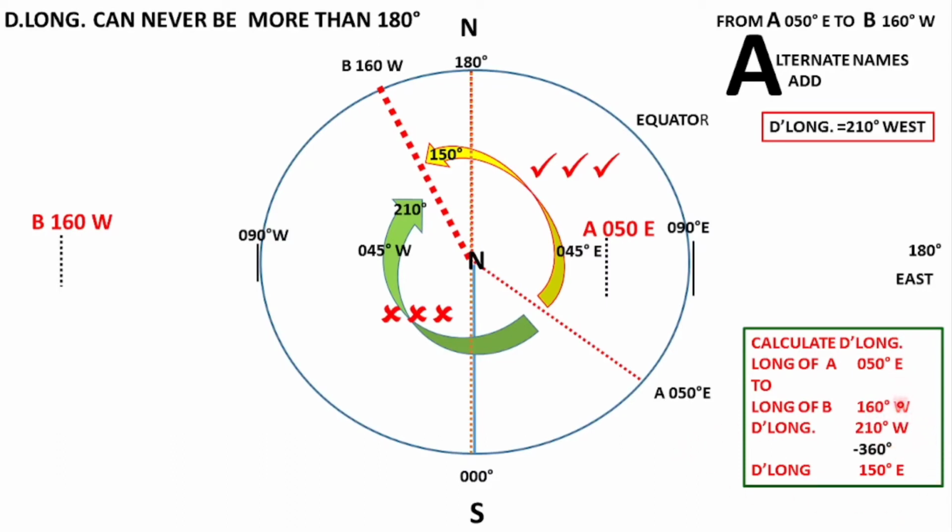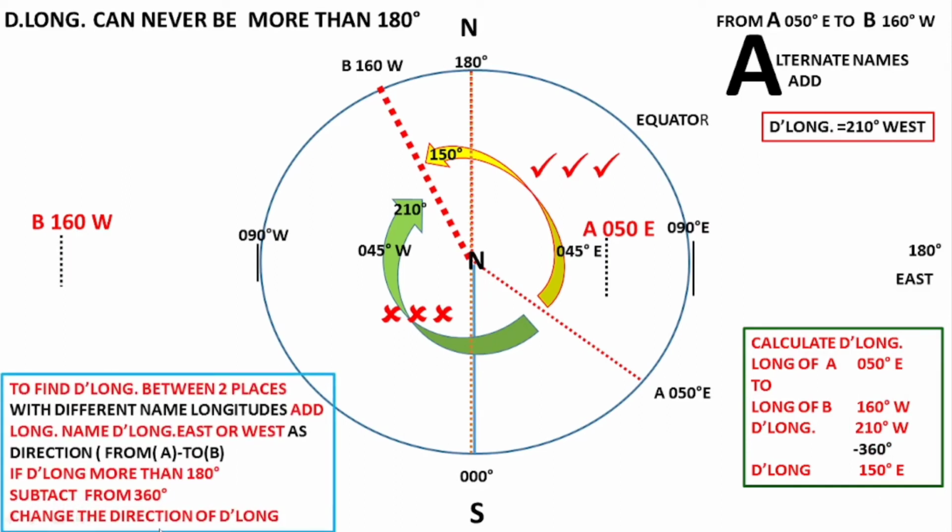From east I was going west, the D.LONG would be west minus 360, and then I change the direction from west to east. This is the easiest way to remember this. So here I have written it down: to find the D.LONG between two places with different names, add, give the direction towards which way you're going. If more than 180, subtract 360, change the direction. Simple way to do it. Now I'll just show you a few examples here.